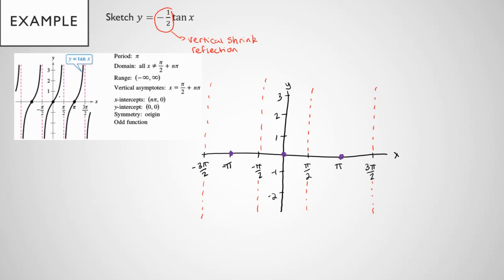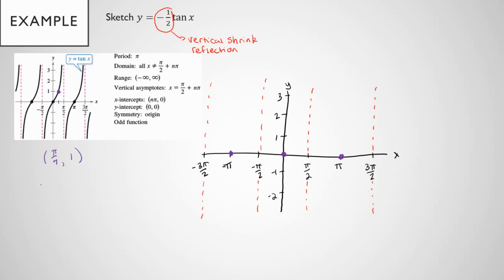So if you notice, about halfway between our 0, 0 and pi over 2 on the tangent here, it crosses at about 1. So that looks like we've got a point there. I'm going to, again, take halfway. If I'm crossing at 1, I'm now multiplying that by -1/2. So this point that I've labeled is approximately pi over 4, because that's halfway between 0 and pi over 2, and it looks like the y value is 1.